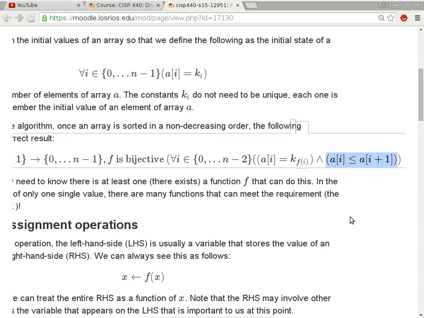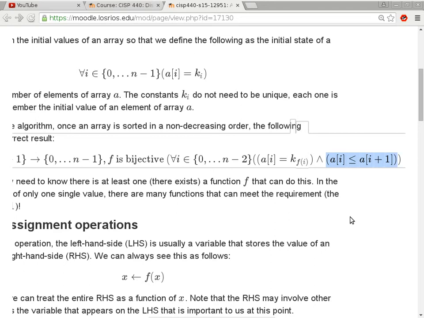No, I did. Whatever is highlighted right now is exactly stating that: a bracket I has to be less than or equal to a bracket I plus 1, referring to elements of a after the sorting algorithm is done. But there's one thing that I have missed. Is it n minus 2? It has to do with the n minus 2, but what am I missing?